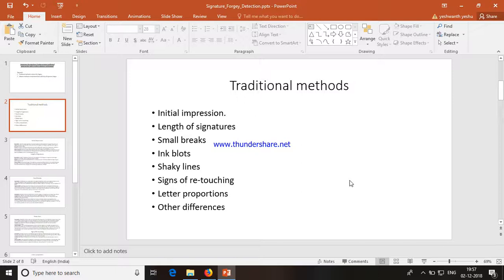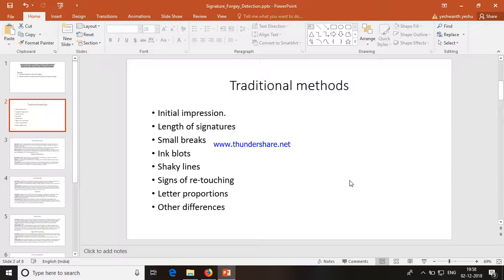metrics. The criteria we look for while finding a forgery image: the first one is the initial impression, that is, at the first step we find out how far the new signature differs from the genuine image.